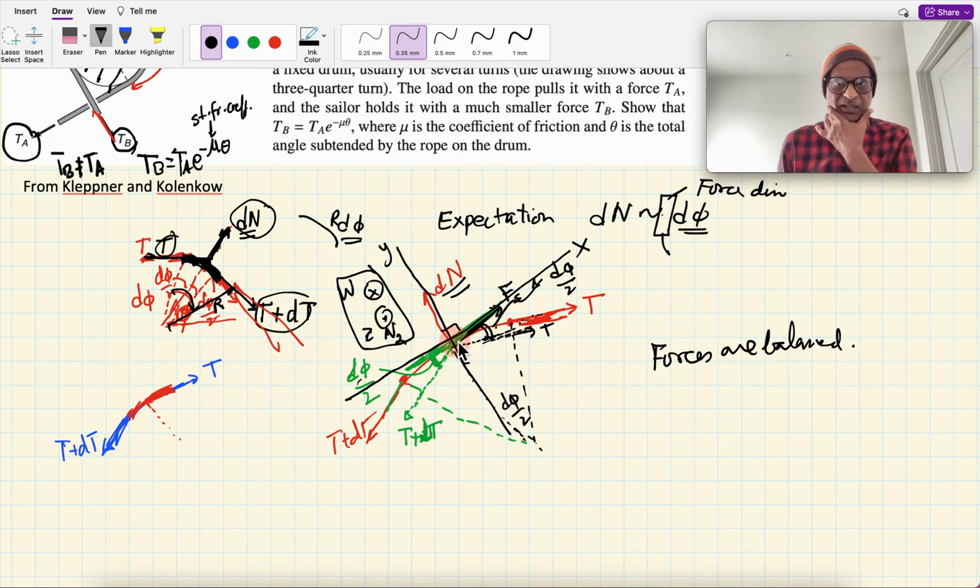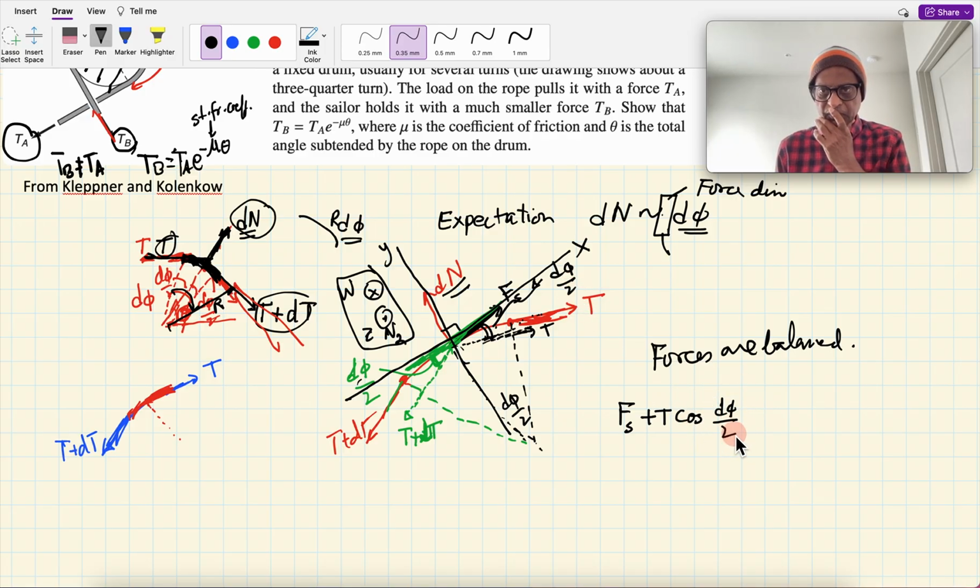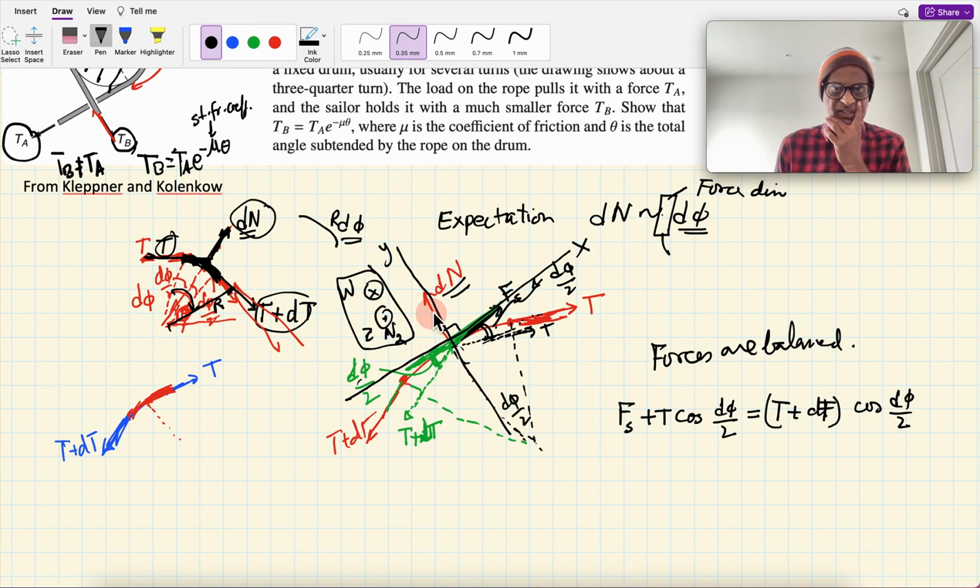So what do we get? In the x direction, we get fs plus T cosine of d phi over 2 equals, on the other side, T plus dT cosine of d phi over 2, and in the y direction we get dN.